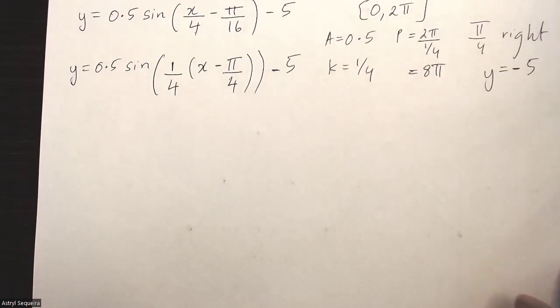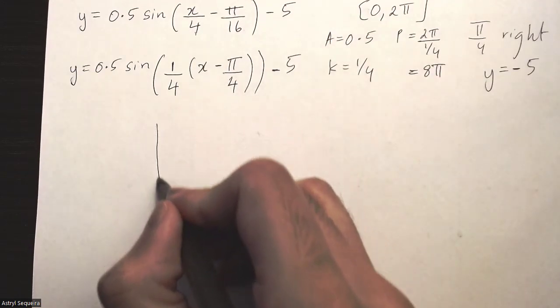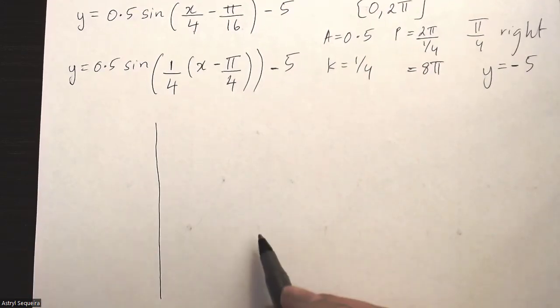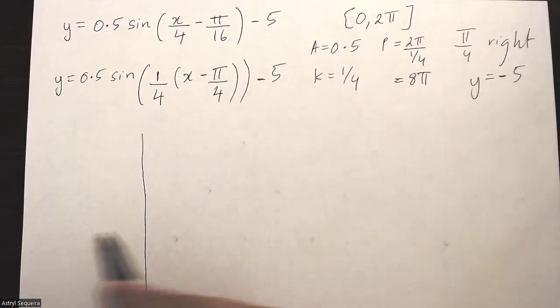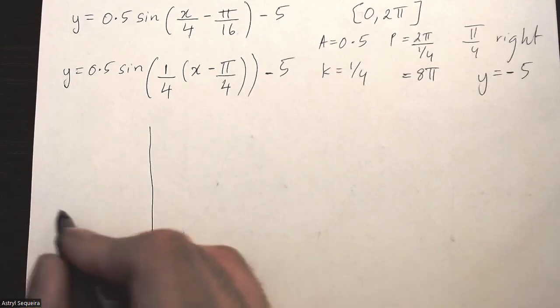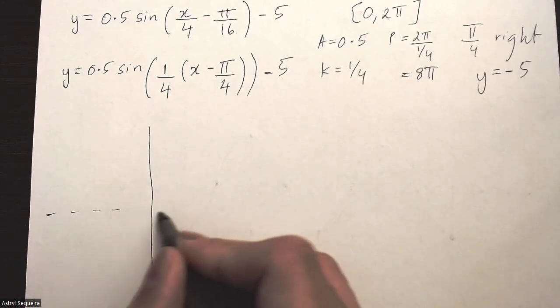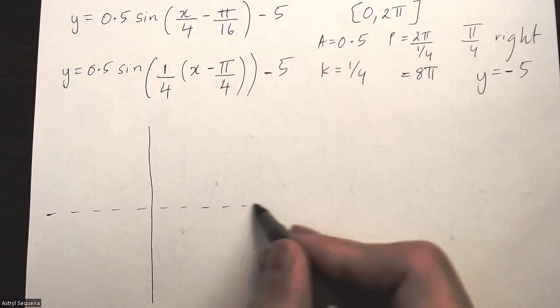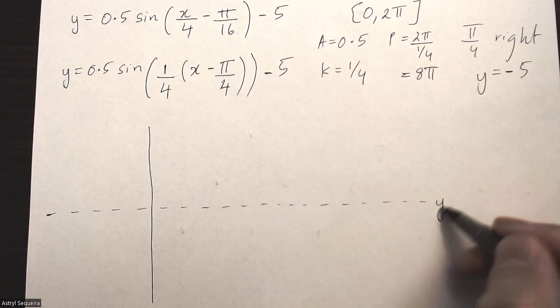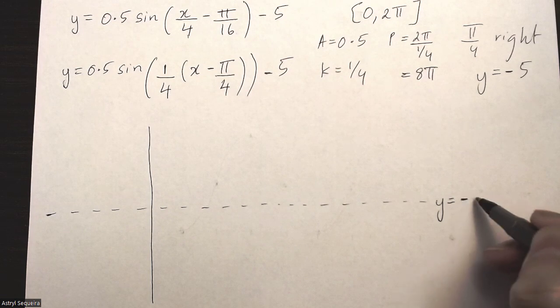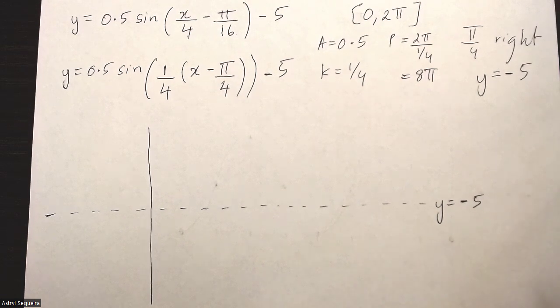I'll start by drawing my y-axis, and I'll leave a bit of a gap to the left in case. Actually, I don't need it in this one because the phase shift is to the right, but I'll leave it just in case anyways. I'll put my equation of axis directly in the middle, which is y equals negative 5.